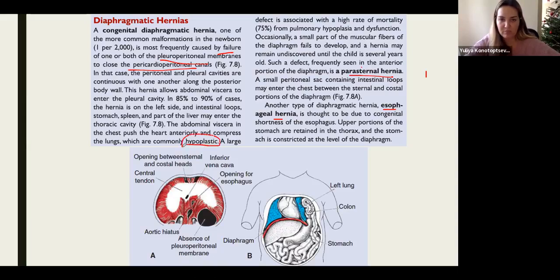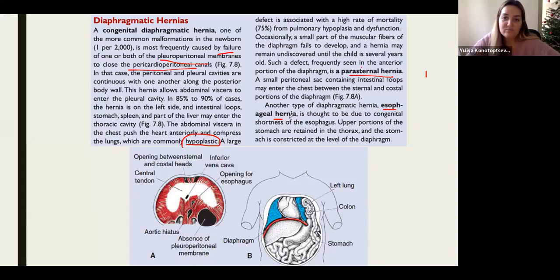You remember that plasia means number of cells, not size. Not trophy, like hypertrophy that we saw in the right ventricle, but that was the size of a cell. Plasia means number of cells. So the lungs become hypoplastic. There aren't that many alveoli present there.